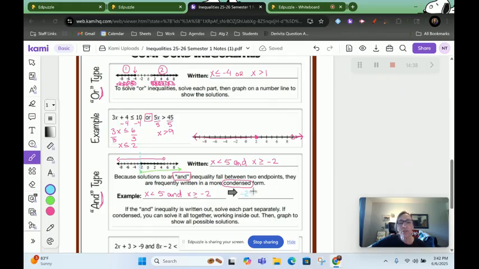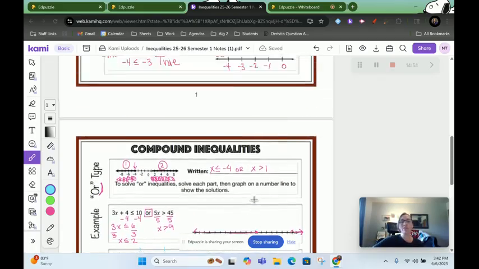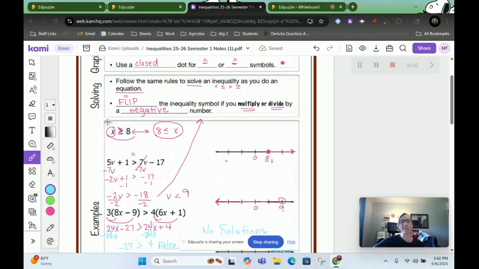And that circle's closed. So I'm going to say less than or equal to x, and then I'm going to go all the way over here, is less than 5. And this part of the compound inequality is what I was telling you guys about up here at the very top, when we can write these in either direction and they mean the same thing.